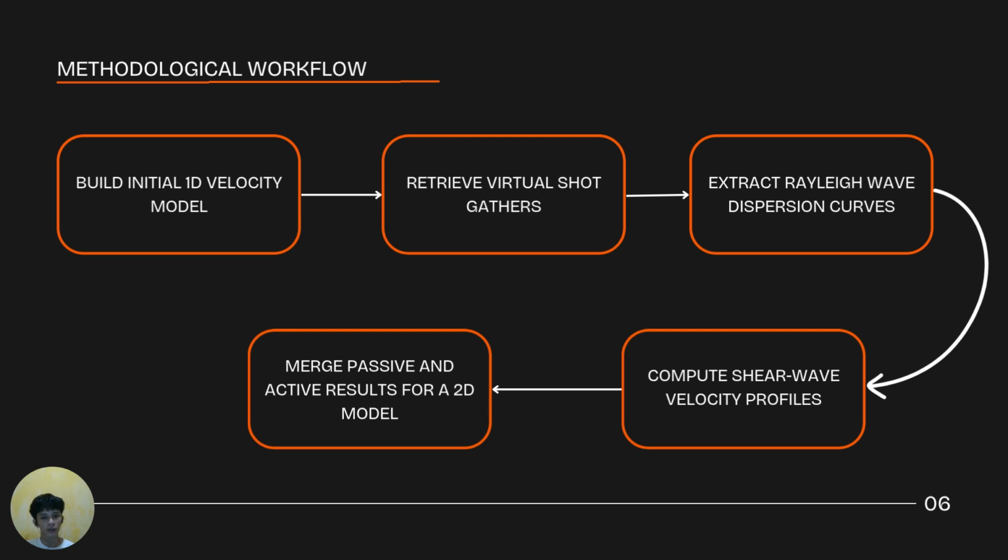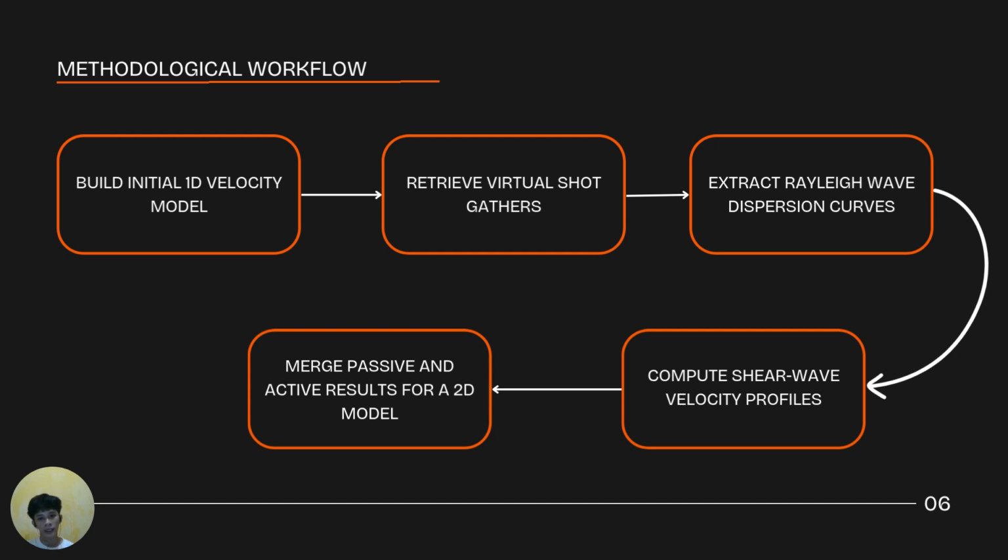Next, surface wave analysis was performed using the MHW technique to extract dispersion curves. Then these curves were inverted to produce 1D shear wave velocity profiles. Finally, the results from passive and active data were merged to create a detailed 2D velocity model of the subsurface.